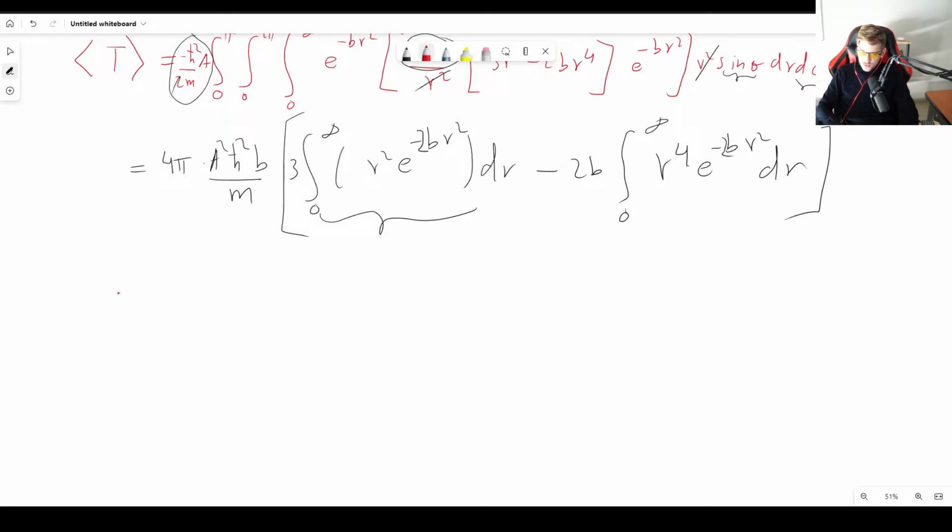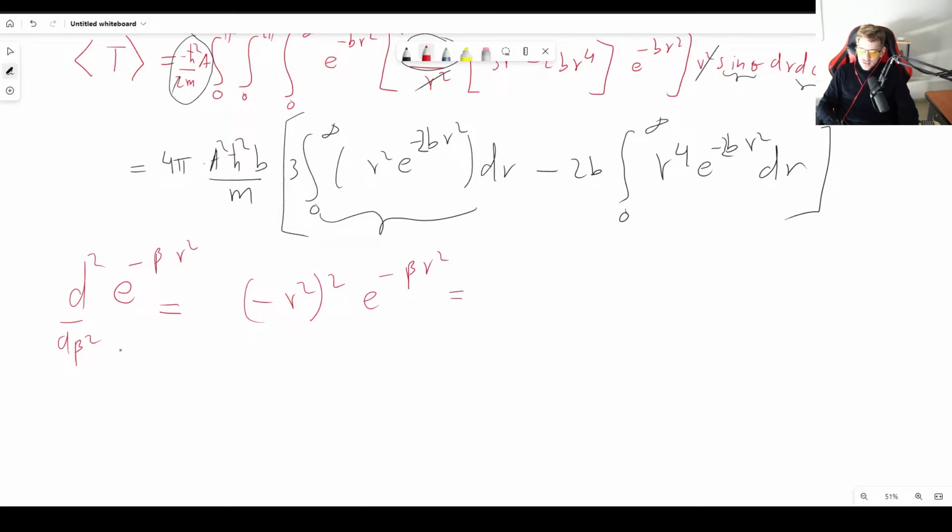as before. So if we take e to the minus 2br squared and we call 2b beta, and we take the derivative of this with respect to beta, but this time twice, what do we get? We get, from doing it once, minus r squared, and from doing it twice, we get it again.